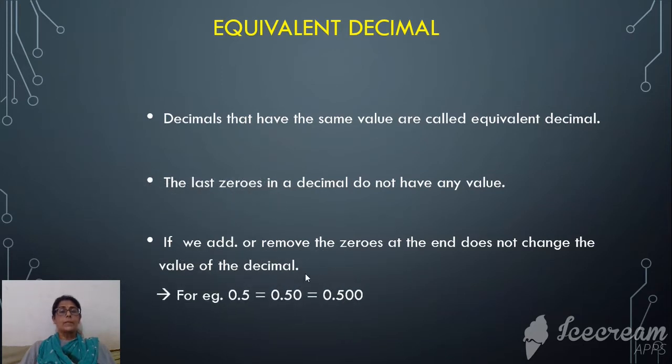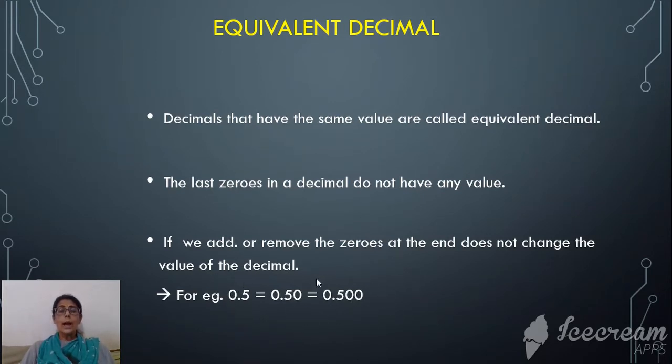See, I will explain you here. 0.5 is equal to 0.50 is equal to 0.500. Whether you place 1 or 2 zeros here, or you don't place any zeros, it does not make any change in the value.